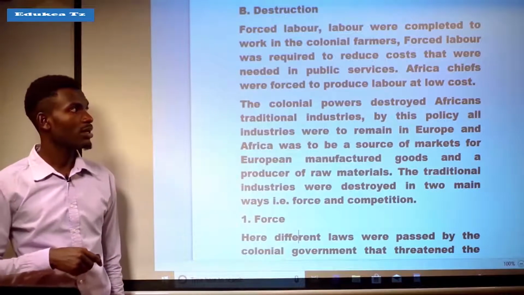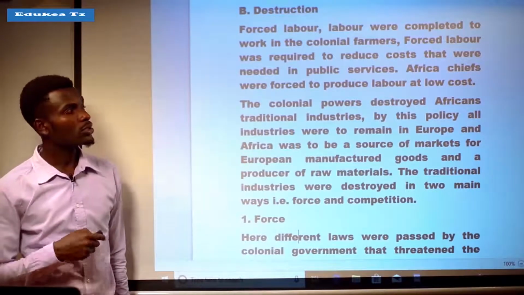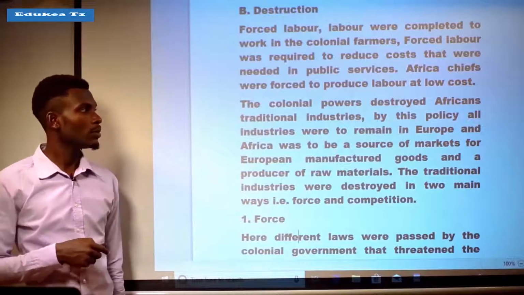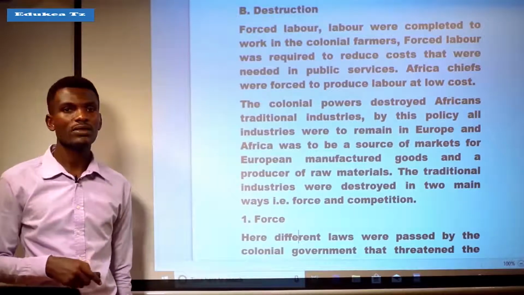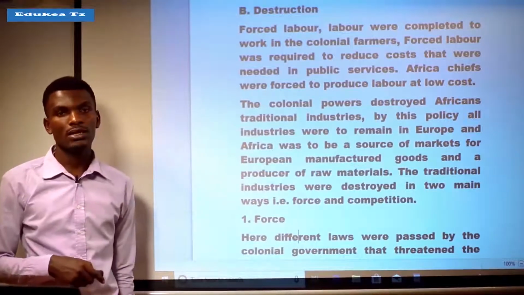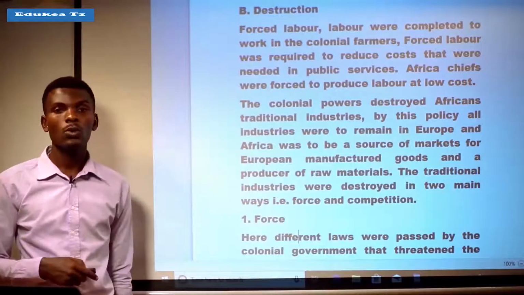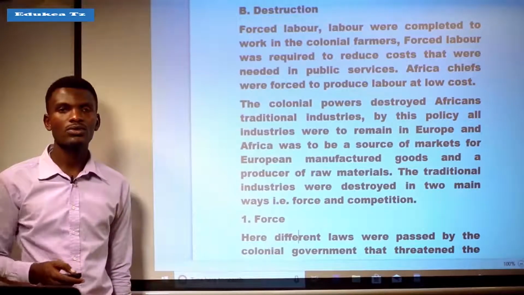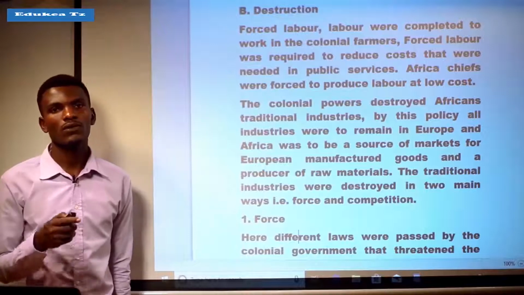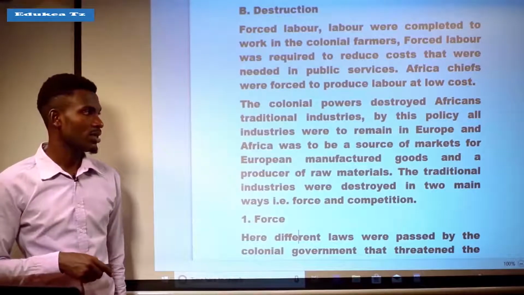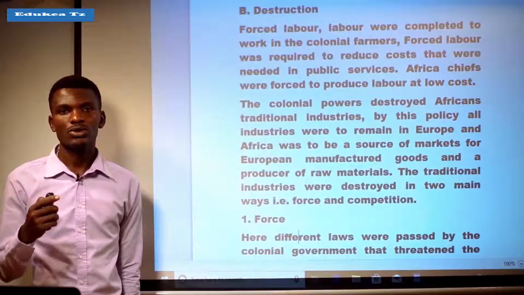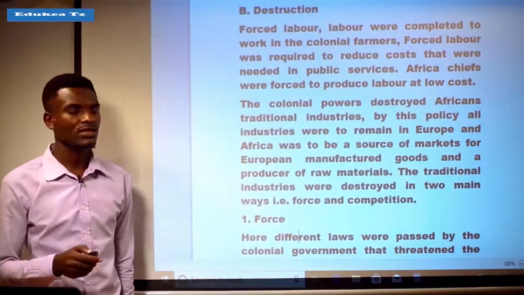It means that the colonial powers destroyed the African traditional industries. By the policy, industries were to remain in Europe and Africa was to be the producer of raw materials and the source of market for the European manufactured goods.